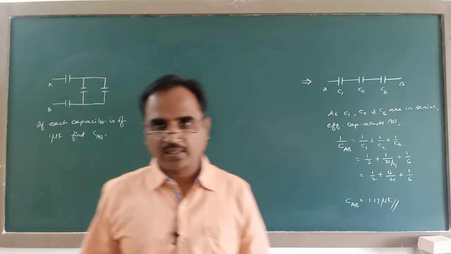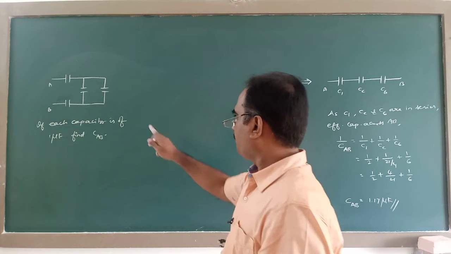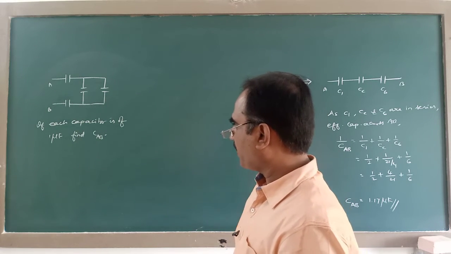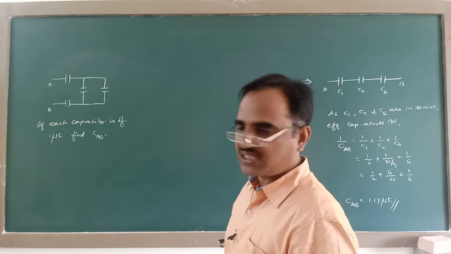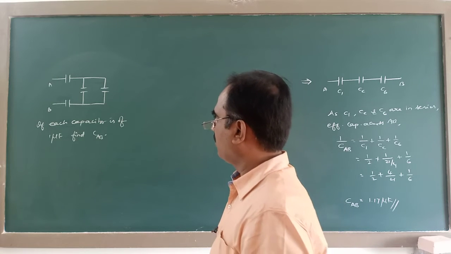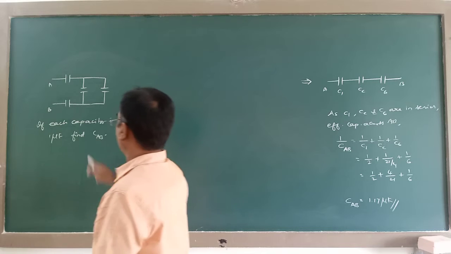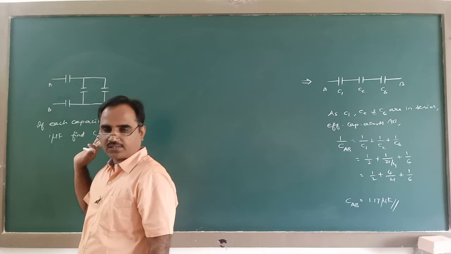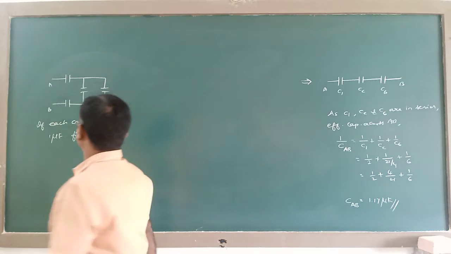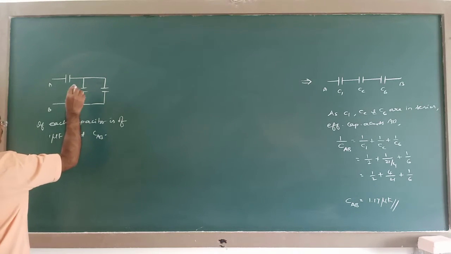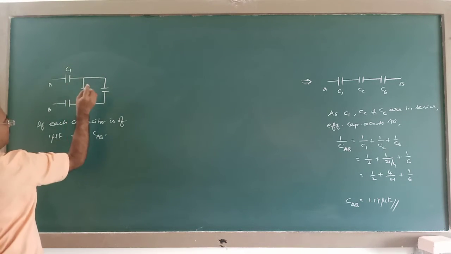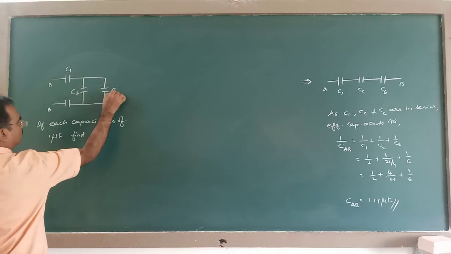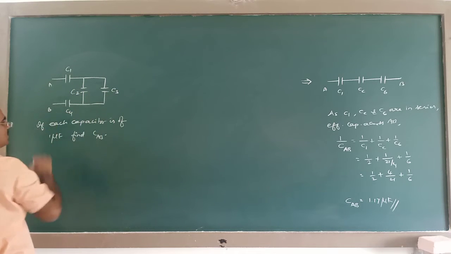A network is given like this. If each capacitor is of 1 microfarad, find effective capacitance across AB. So this is 1 microfarad, 1 microfarad, 1 microfarad, 1 microfarad like this. So first I mark these capacitors C1, C2, C3, C4.